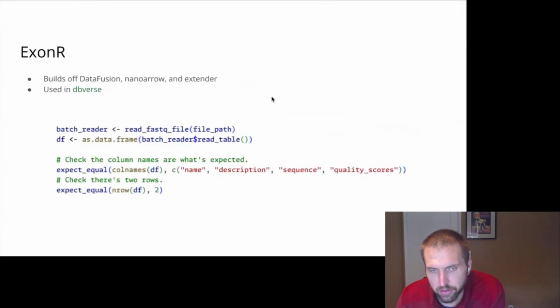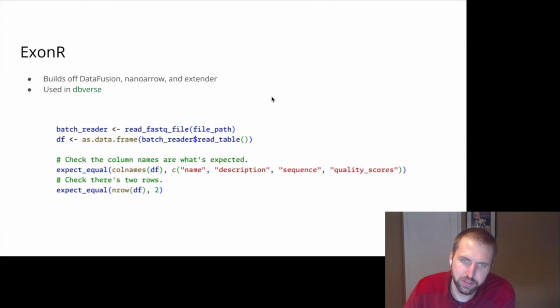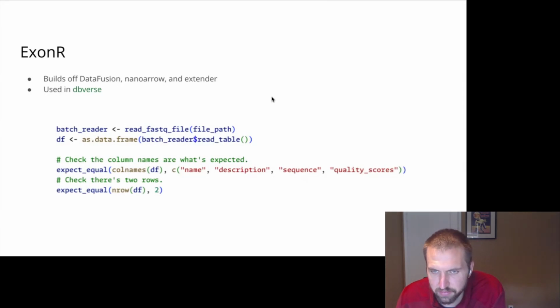We also have one of our heavy users who uses Exon via R, another area where you use DataFusion and Rust's capabilities to extend into other languages. It becomes very idiomatic in R, but you get all the speed and niceness as a developer in Rust.